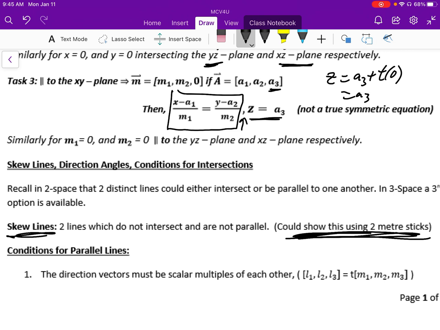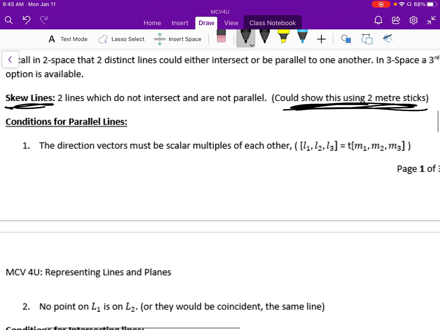If we look at the conditions for what parallel lines need to be in 3 space, we know that the direction vectors must be scalar multiples of each other. In this case I use L1, L2, L3 for the scalar. Basically, one direction vector has to be a scalar multiple of the other direction vector.